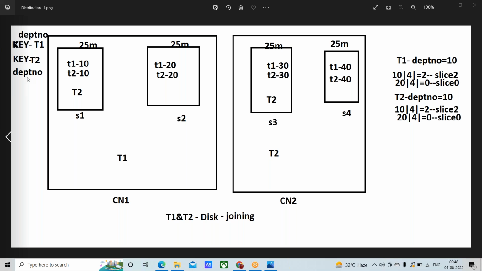That means all the sales people will go to one room, all the HR people to one room, and all the marketing people to another. So all the 50,000 people will go to how many rooms? 50 rooms. Somnath, how many rooms? 50 rooms.